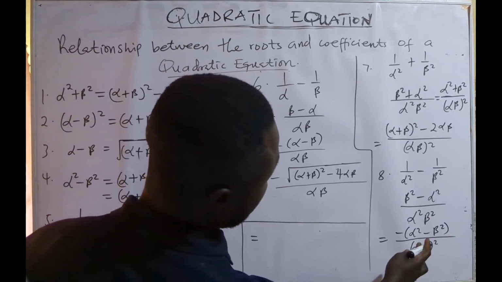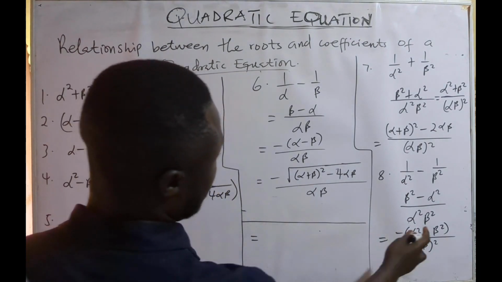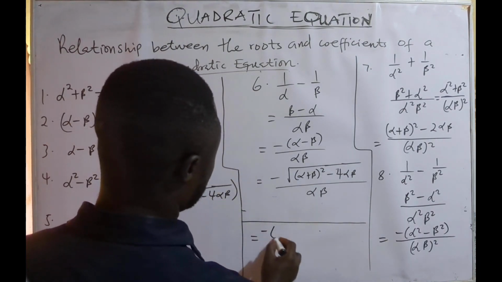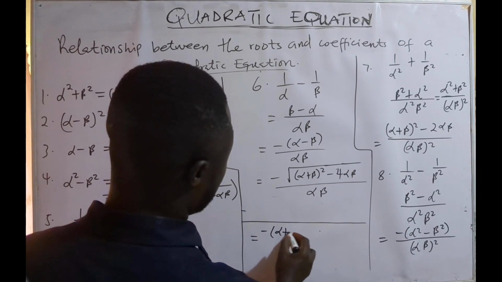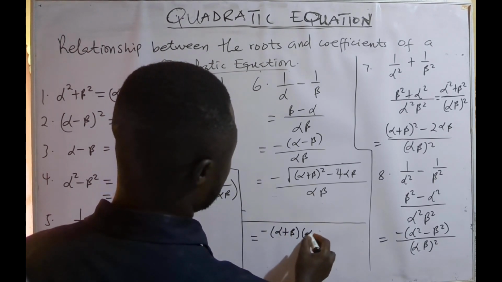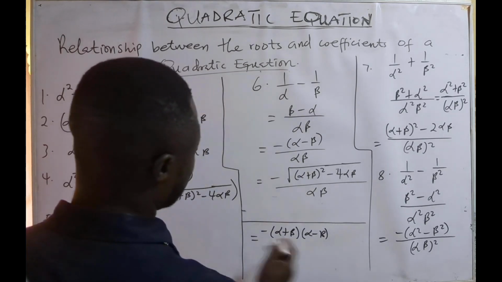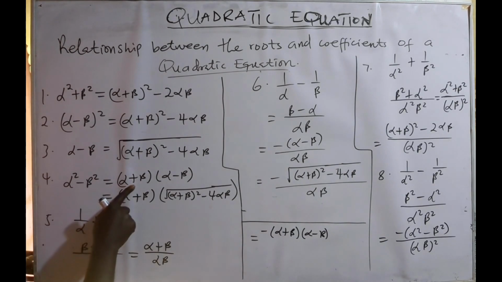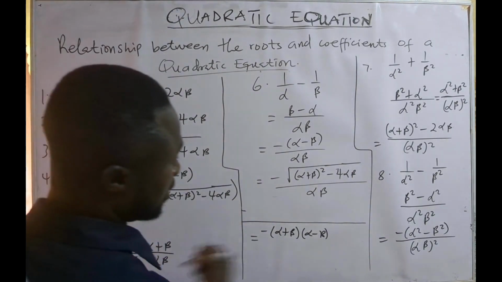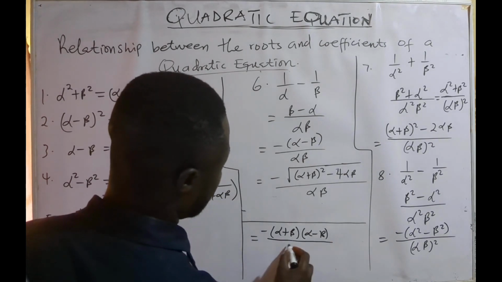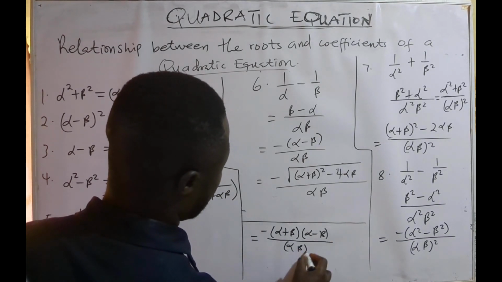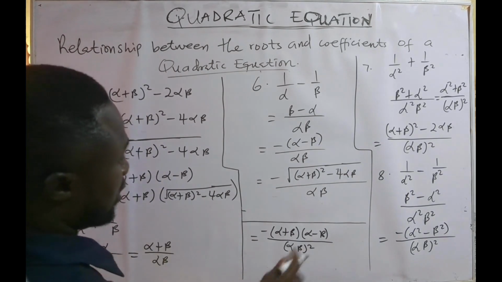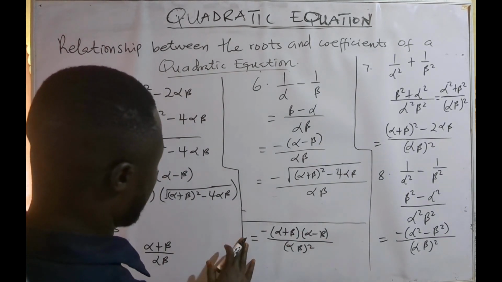What is alpha squared minus beta squared? So we have minus, alpha plus beta, and then alpha minus beta, because alpha squared minus beta squared is alpha plus beta and alpha minus beta, all divided by alpha beta all squared.